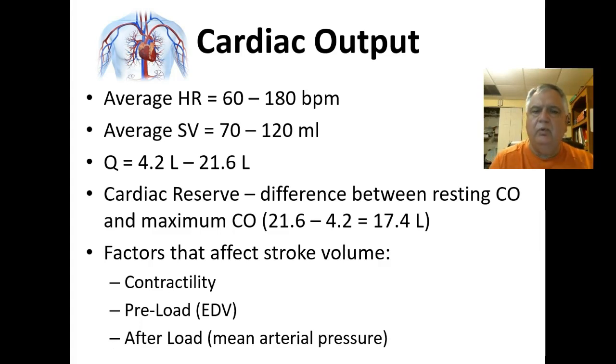Well, there are three important factors. The first is contractility, the contraction of the fibers, okay? And so the more fibers that contract, the stronger the force of the heartbeat is going to be. The greater the force, the more blood is going to be ejected from the left ventricle.